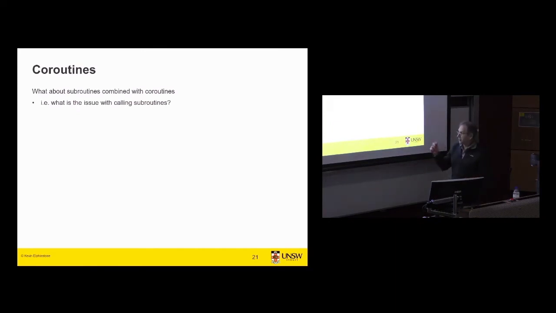Okay, so this slide kind of, I think, is a summary of the previous slide. So basically, with coroutines, you've got this issue of what actually happens inside the subroutine that you have to consider in determining whether you need to reason about concurrency with other coroutines or not.